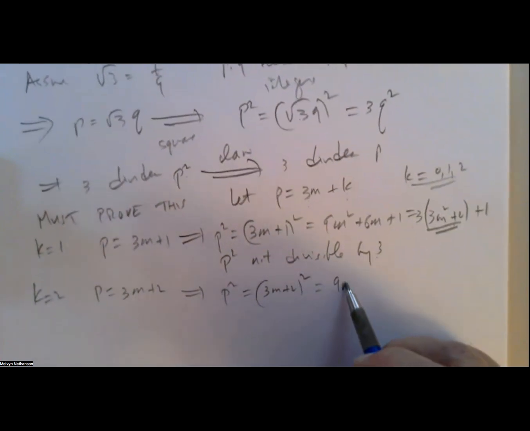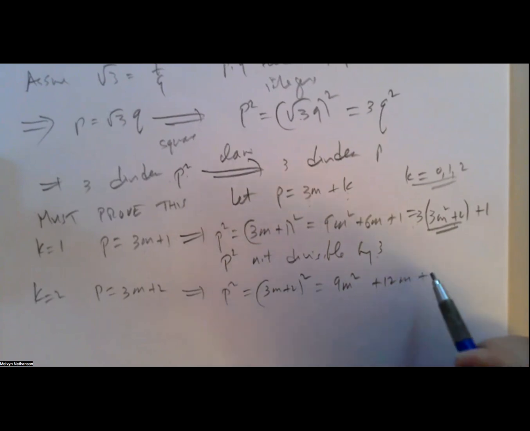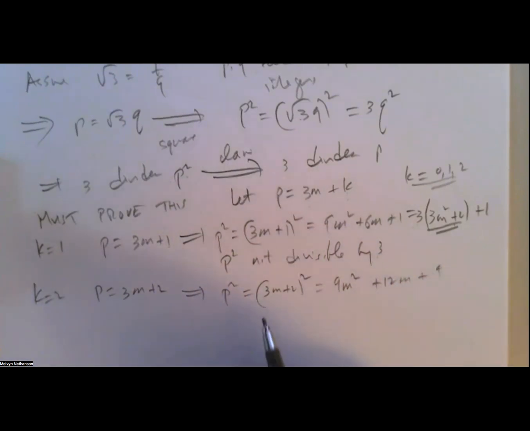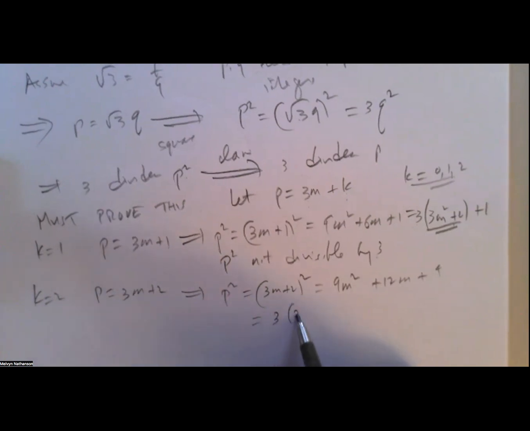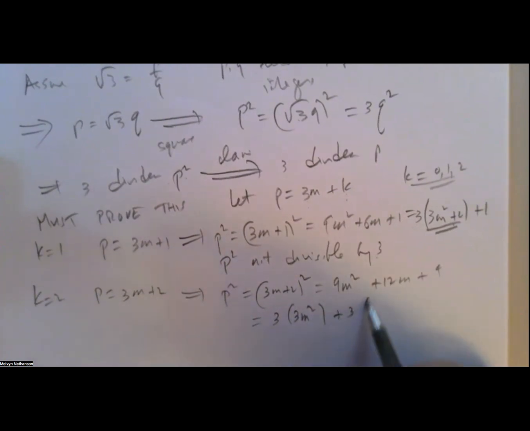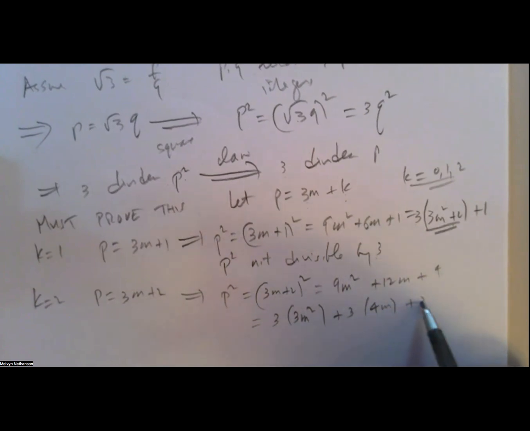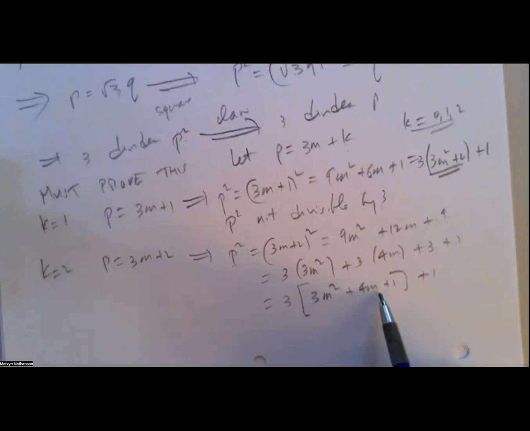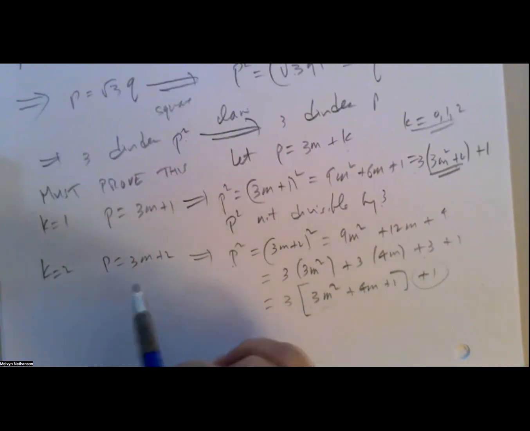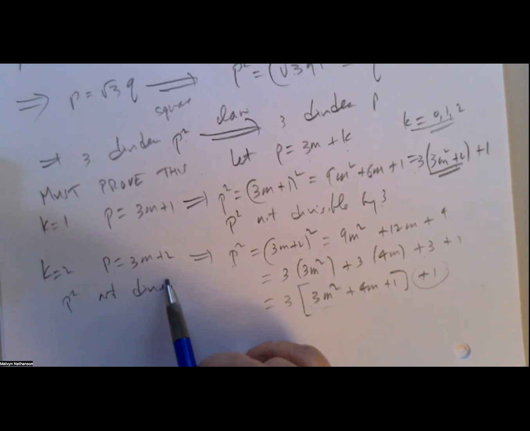If you square that, you get 9m squared plus 12m plus 4. That's 3 times 3m squared plus 3 times 4m, and 4 is 3 plus 1. So I can factor out the 3 from the first terms: 3 times (3m squared plus 4m plus 1), plus 1. So p squared is 3 times something with the remainder of 1. So p squared is not divisible by 3.